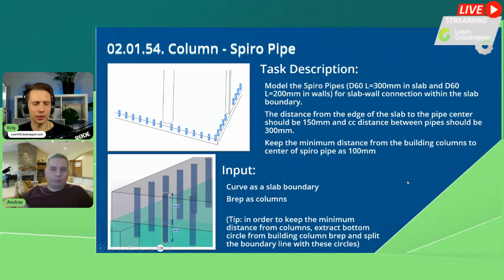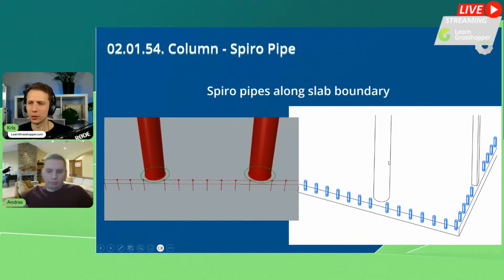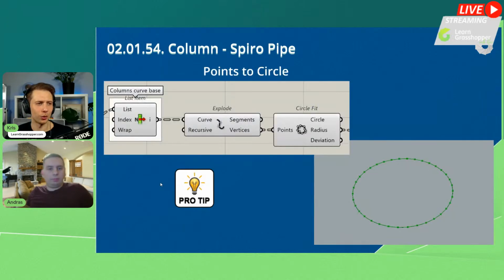What is really interesting here is that we would like to also avoid columns, so we would like to create a kind of outer layer for columns. So we are going to avoid clashing with columns in this one. I think it will be interesting to do.